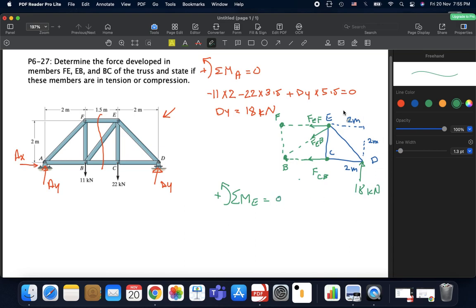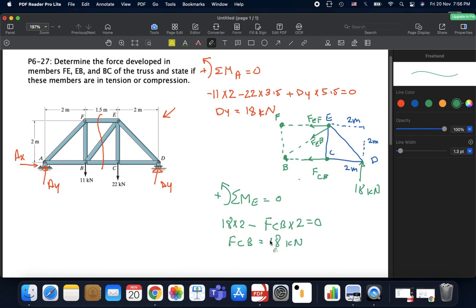So 18 kilonewtons about point E is going counterclockwise, so this is positive. So 18 multiplied by the perpendicular distance, which is 2, minus, now we are left with only FCB. FCB is going clockwise, so this is negative. FCB multiplied by 2 equals 0. So FCB should be equal to 18 kilonewtons.